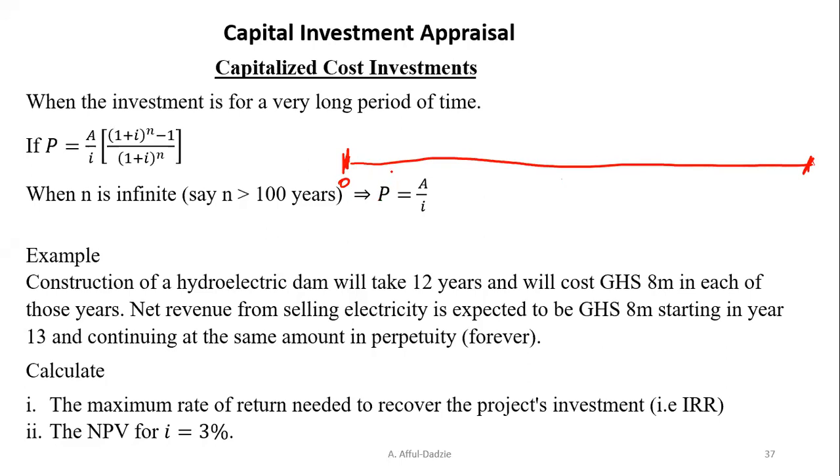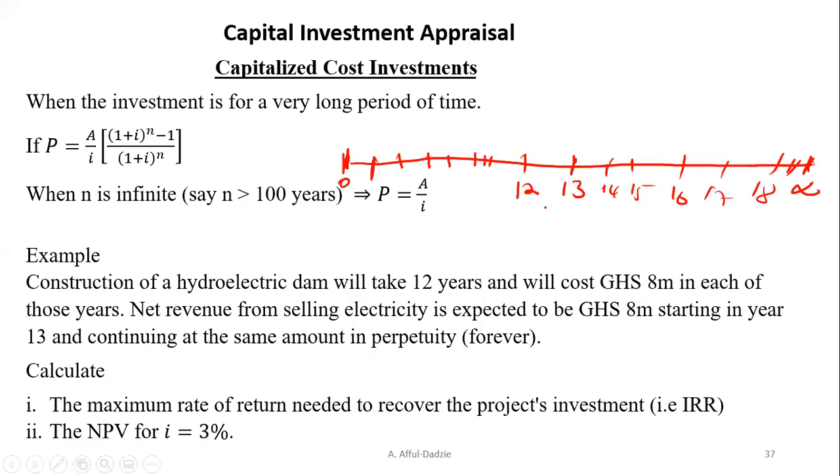It says that if we want to construct a dam, then in the first 12 years, 1, 2, 3, 4, 5, up to year 12, and in year 13, we will go all the way 13, 14, 15, 16, 17, 18.